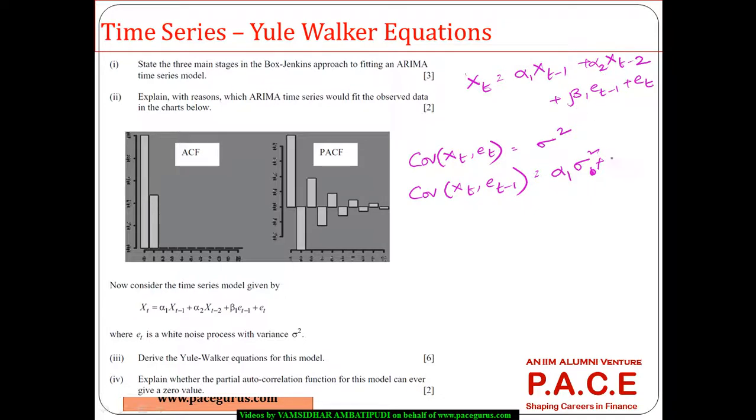Again I have beta 1 times the covariance between e_{t-1} and e_{t-1}, which is also sigma squared. So it comes out to (alpha 1 plus beta 1) times sigma squared.